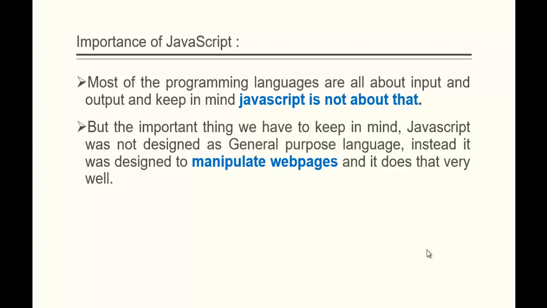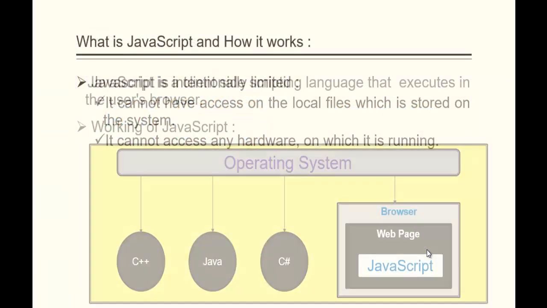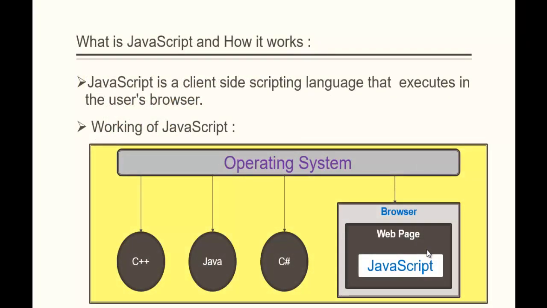As of now, we understand JavaScript was mainly designed to manipulate web pages, and it does that very well. So a few developers interpret JavaScript as a scripting language, not as a general purpose programming language, because of this reason. So in the definition we saw that JavaScript is a client-side scripting language that executes in the user's browser, not a general purpose programming language.